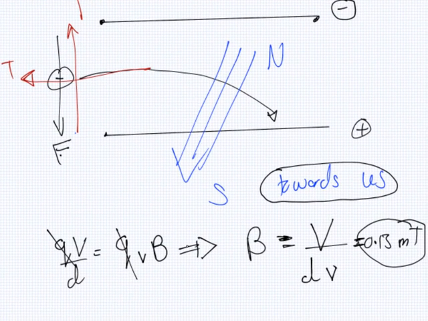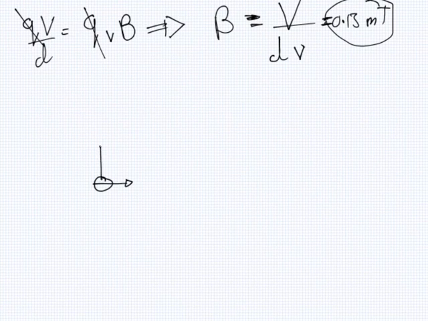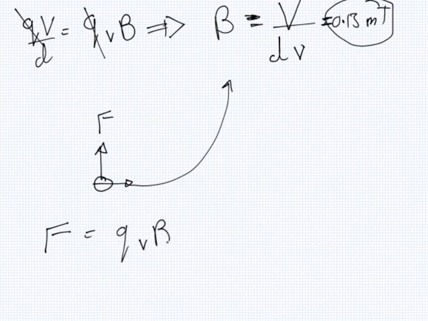So now what we have is this. Here's the electron, but there's no longer the electric field, there's just the force from the magnet. And this is going to make it move in a circle. So the force from the magnetic field is equal to QvB. That is now a circular force.